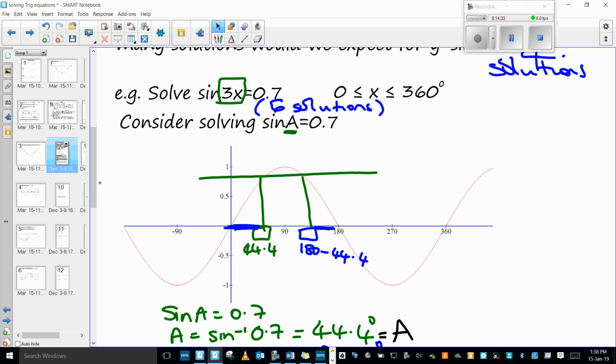Most of the time it's 2. For example, if you were solving when it was 0, you've actually got 3 situations where it's 0. So you just have to know your graphs, and that's why I get you to sketch it and draw the horizontal line, so you can see how many solutions you're looking for. And remember, where this line is isn't important, as long as it's roughly in a good position.